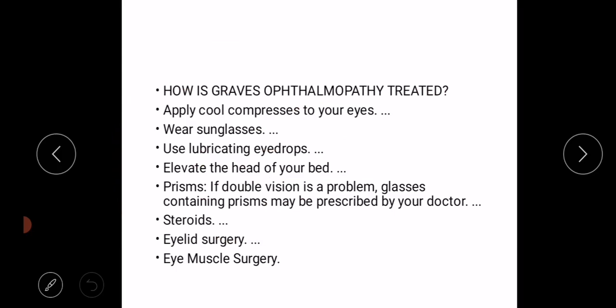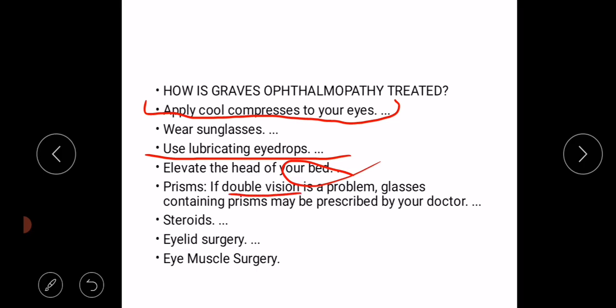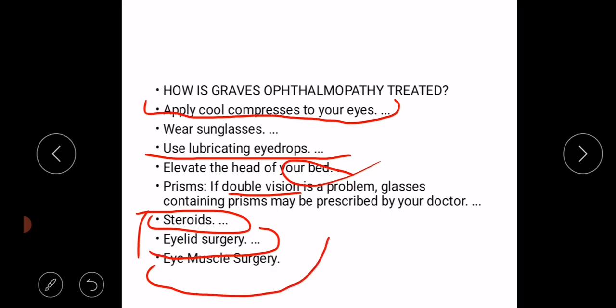How is it treated? It is treated by applying cold compresses to the eyes, wearing sunglasses, lubricating agents, elevating the head of your bed, and prisms are used if double vision is a problem. Steroids are given to decrease the inflammation, and eyelid surgery is indicated to correct the eyelid conditions, and extraocular muscle surgery is also done.